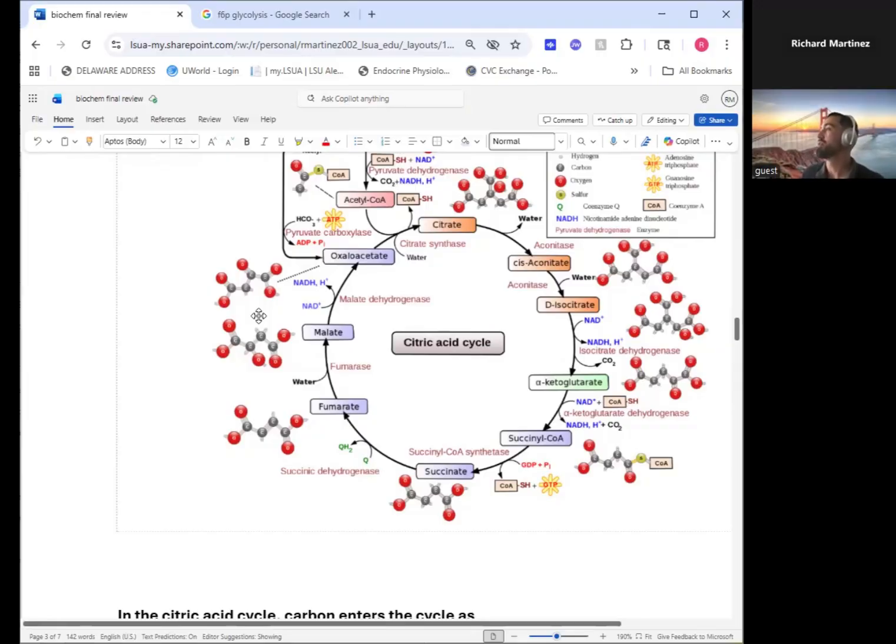Okay. Enzymes give us clues to what's being made and how it's being made. So if the enzyme is citrate synthase, that means it's adding what?